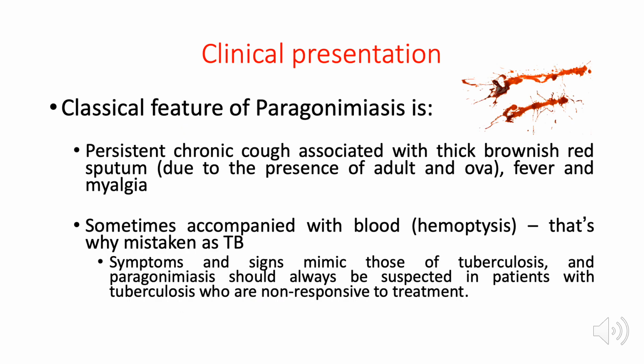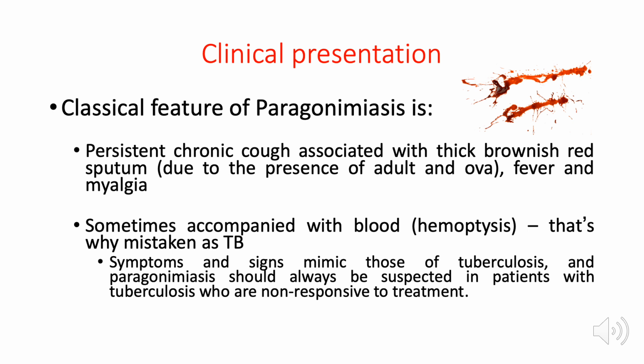Since the adult worms of Paragonimus westermani are found in the cystic cavities within the lung tissue and they will be creating damage in there, expect that the patients with paragonimiasis, or infection with Paragonimus, would present with a persistent chronic cough associated with thick brownish red sputum.